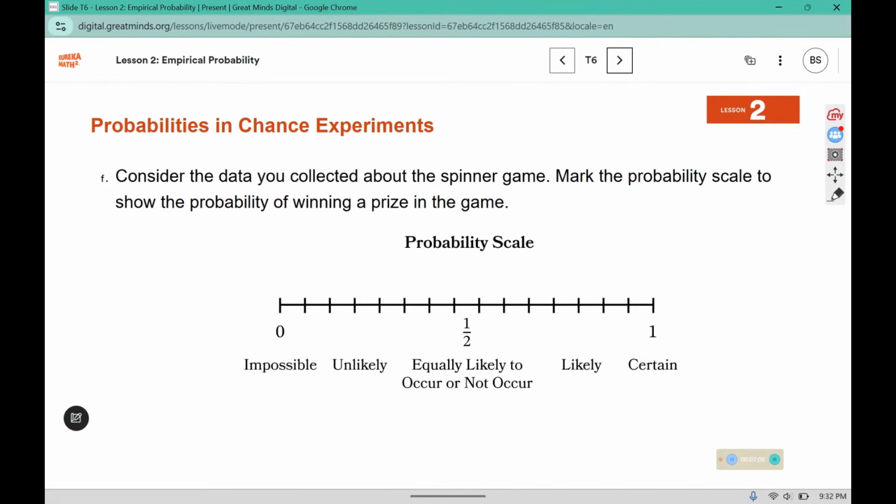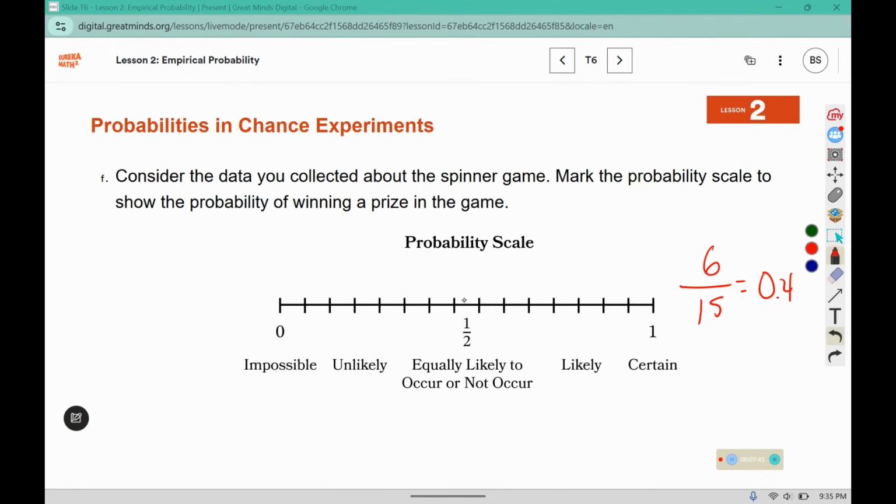Consider the data you collected about spinning the game. Mark the probability scale to show the probability of winning a prize in the game. Well, we saw that it happened 7 out of the 15 times. No, 6 out of the 15 times that they would have 5 or more. So 6 out of 15 is less than 1/2, which if we were to convert this to a decimal is 0.4.